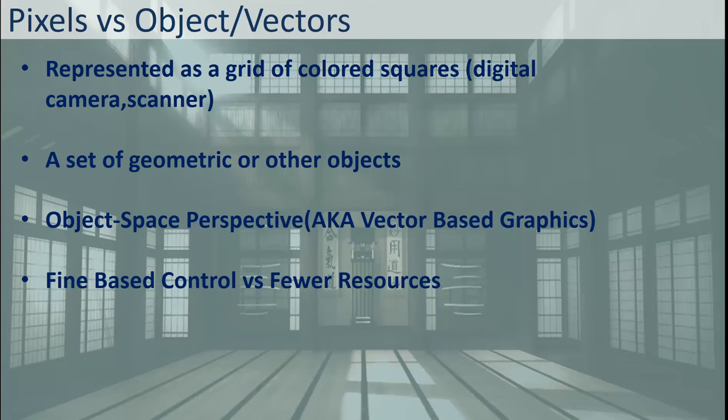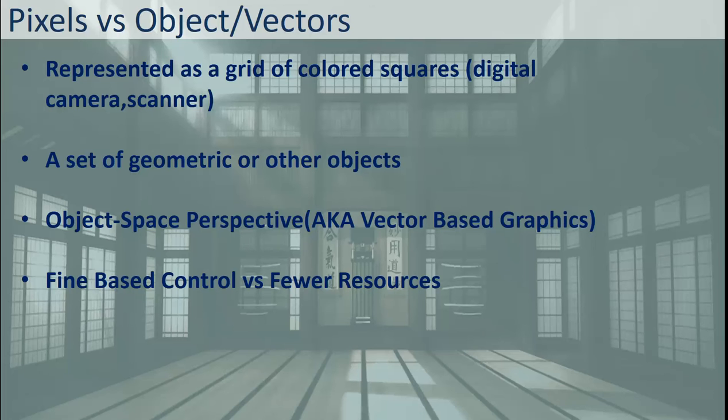All right, pixels versus object vectors. We will generally see two different approaches to graphical images, or scenes as we call them: pixels or objects, which we sometimes refer to as vectors. Pixels are generally represented as a grid of colored squares, and you see this a lot with the images produced by a digital camera or a scanner.